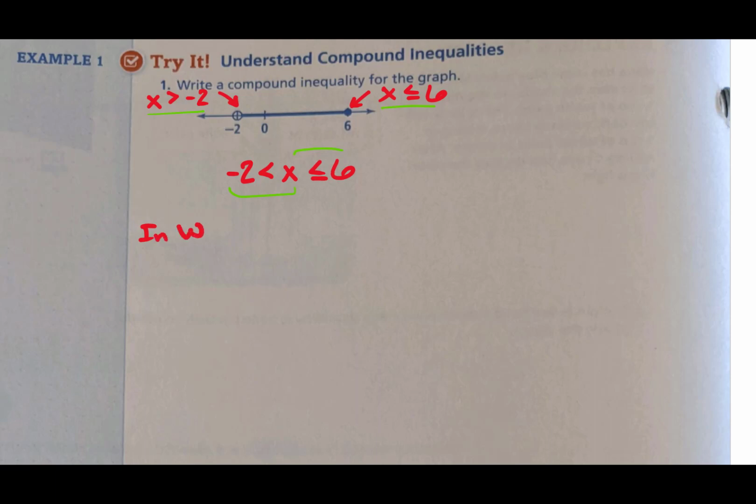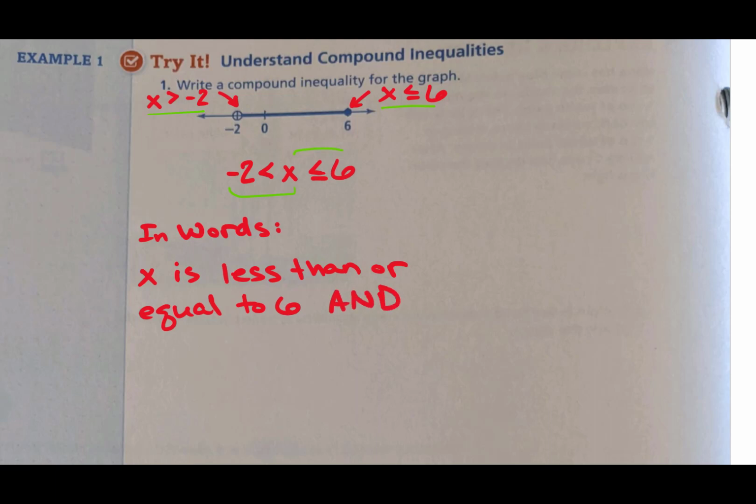So in words, we can say x is less than or equal to 6. And it needs to be both. x is greater than -2.